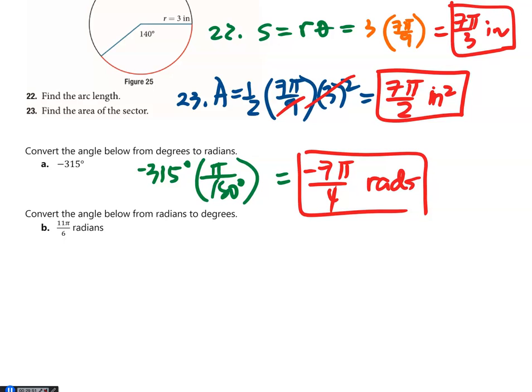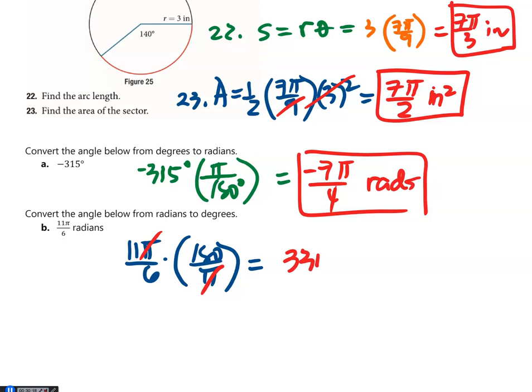Letter B, 11 pi over 6 radians, convert this to degrees. So 11 pi over 6 times 180 over pi. Pi over pi is 1, 180 over 6 is 30, times 11 is 330 degrees.